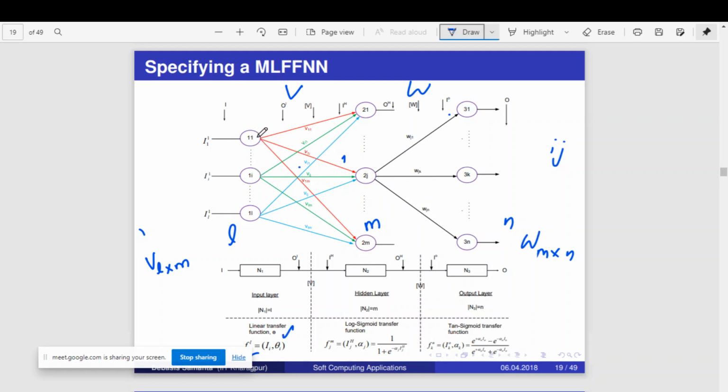If it is greater than the threshold, it outputs 1, otherwise 0. The activation function used in the hidden layer is a log sigmoid activation function, of the form 1 by 1 plus e to the power minus x.